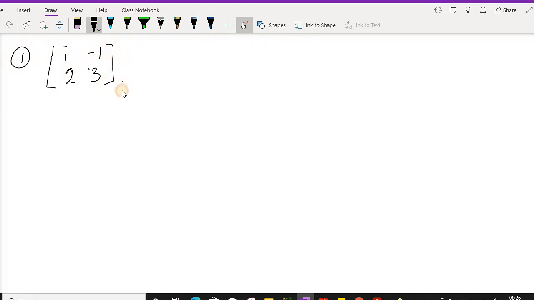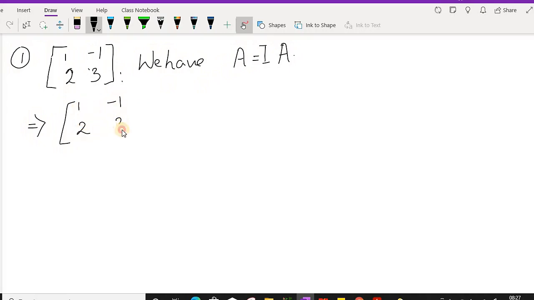Now after that you write A equal to I A. We put the values of A in the left-hand side: 1 minus 1 2 3 equals, you write the I here, which is 1 0 0 1. This is the identity matrix of order 2.